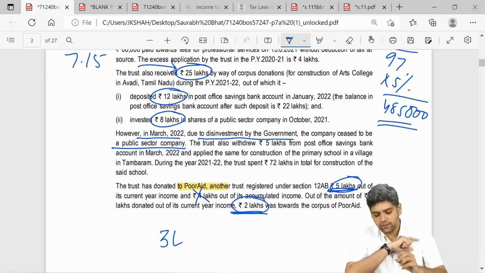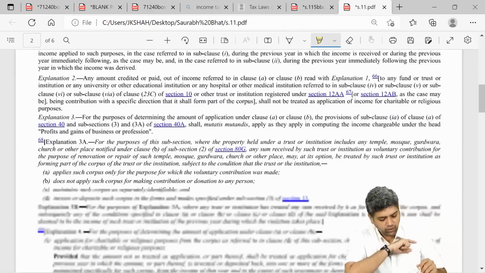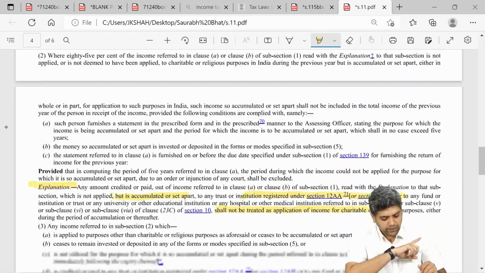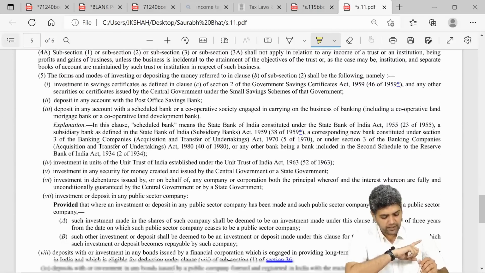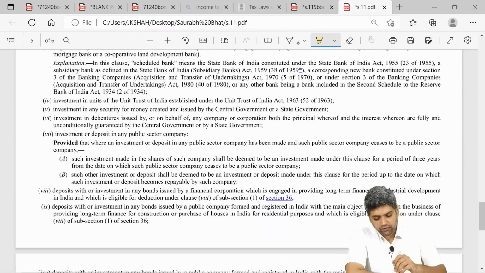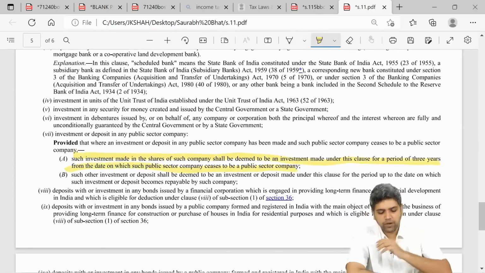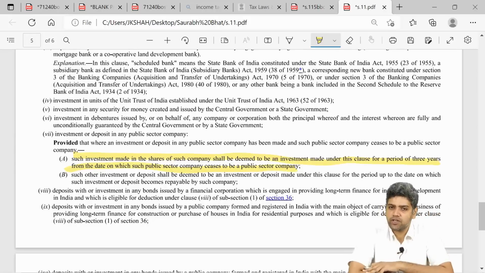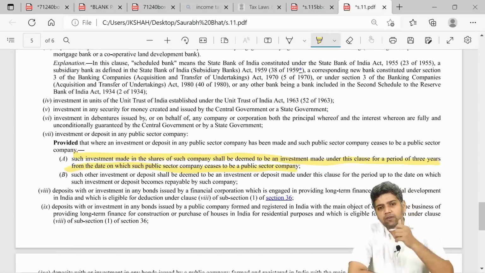However, section 11(5) says that in case, on account of disinvestment or any reason whatsoever, the company ceases to be a public sector company, then you are given a time period of 3 years for withdrawing that amount from the shares of that company. So I invested in October 2021.